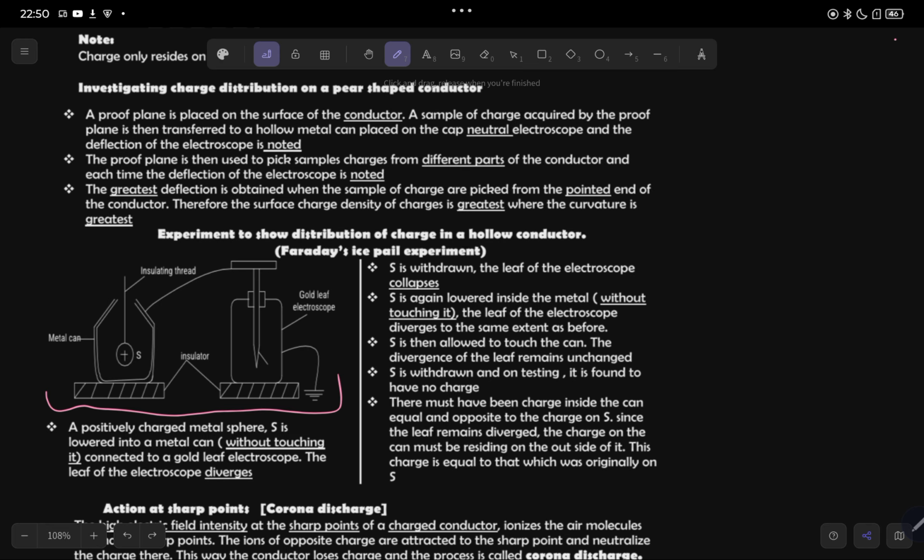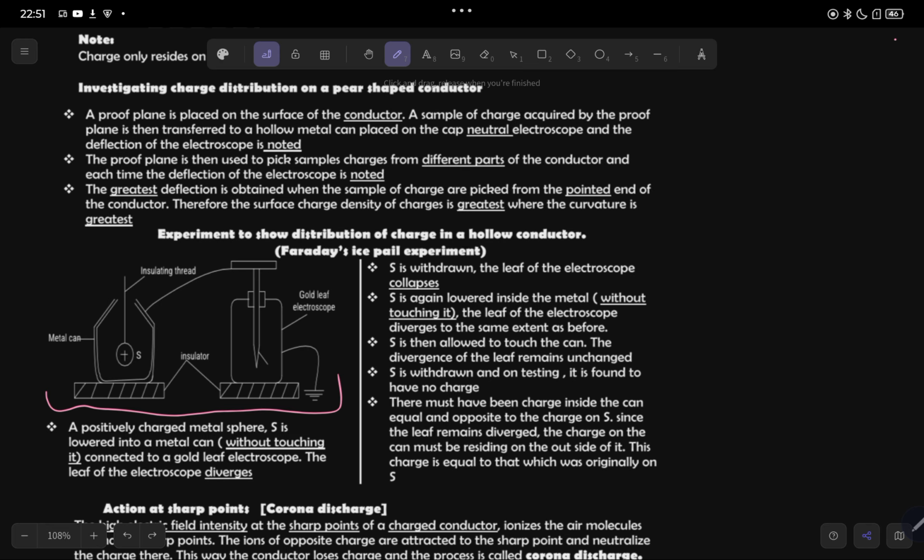Now, this time round, let us allow the metal sphere S to touch the inside walls of the can. When you touch the inside walls of the can, the divergence of the leaf remains unchanged. Why? Because when the metal sphere was lowered into the metal can, it induced a charge on the inside of the walls, which is equal but opposite to the charge on the sphere.